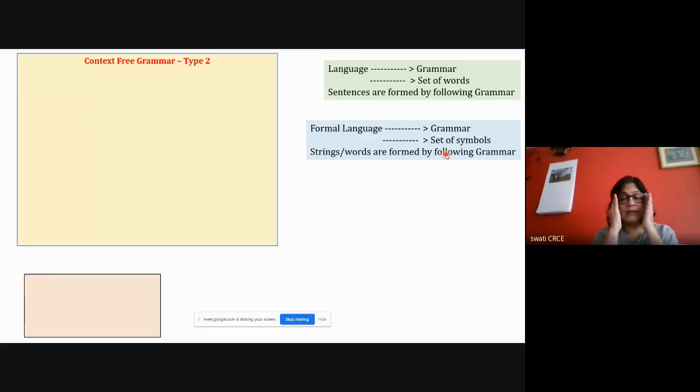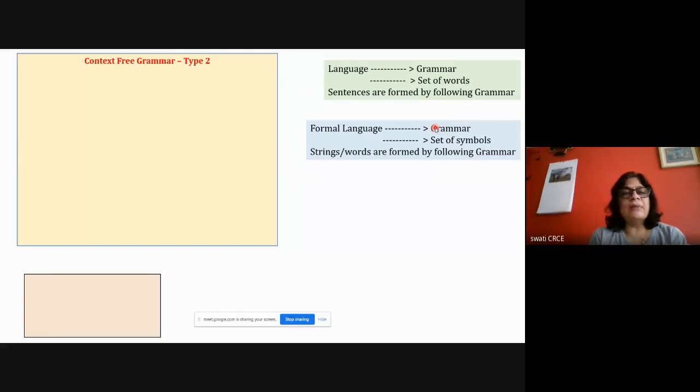I'll just repeat this again. You have a language, any language, every language has a grammar. Every language has a set of symbols belonging to this language, and the strings or sentences are formed as a group of symbols, and they are formed by following the rules which are given in the grammar. So this is the basic concept about this.